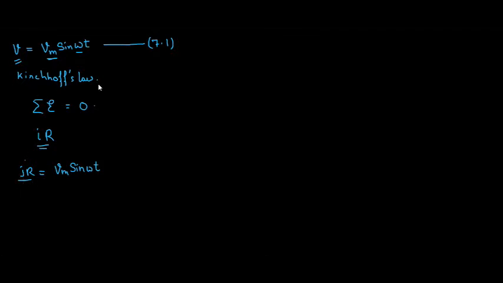Because we have applied Kirchhoff's law. Sigma E is equal to 0 and E is equal to IR. So V is equal to IR we have written. So we can write again I is equal to Vm by R sine omega t.